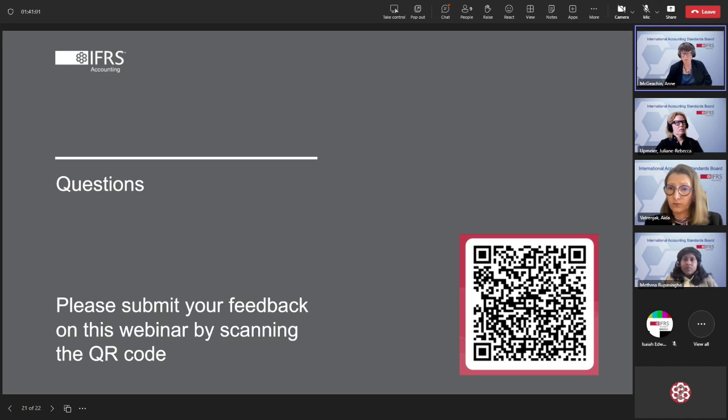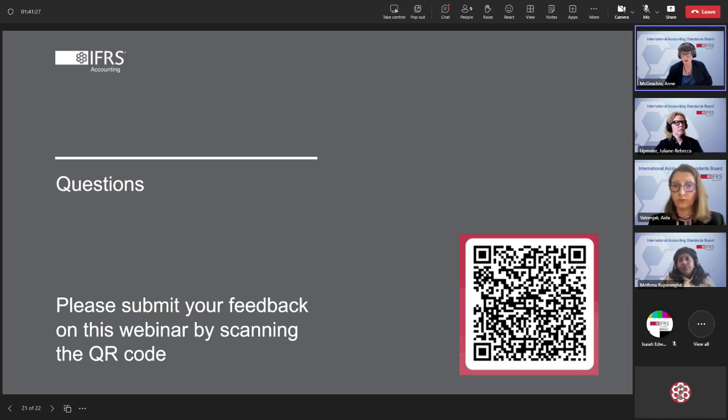So, for example, an obvious example, revenue, is going to be material. It is also very likely to be part of a useful structured summary in the statement of profit or loss. So you would put revenue on the face. You might then disaggregate that revenue into different types of revenue in the notes.